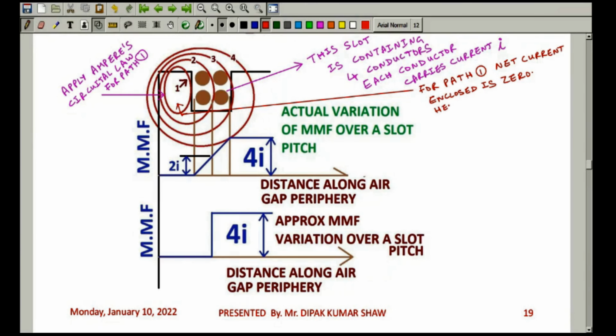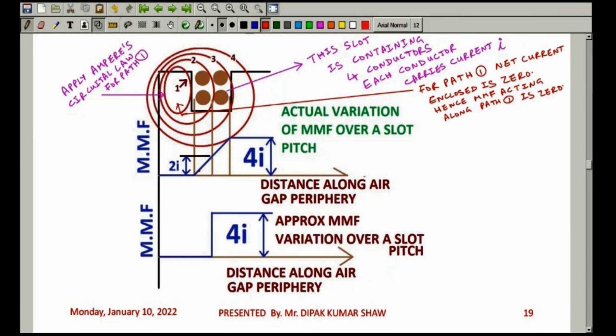Hence M.M.F acting along path 1 is 0. So that is what is shown.